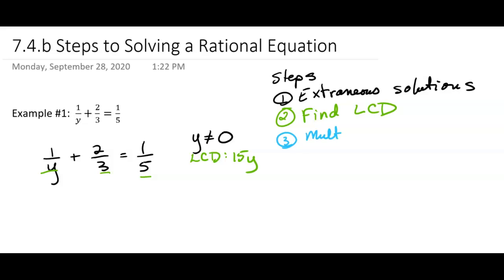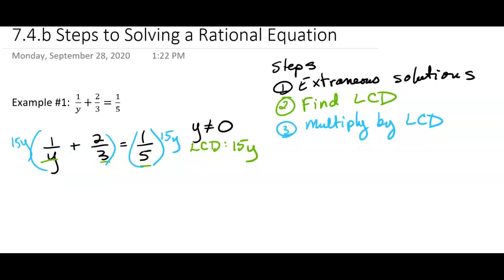Multiply by LCD. So what we're going to do is we're going to multiply this side by the LCD, and we're going to multiply this side by the LCD. Now this is similar to what we did with the LCD in 7.3, the complex fractions or rational expressions.